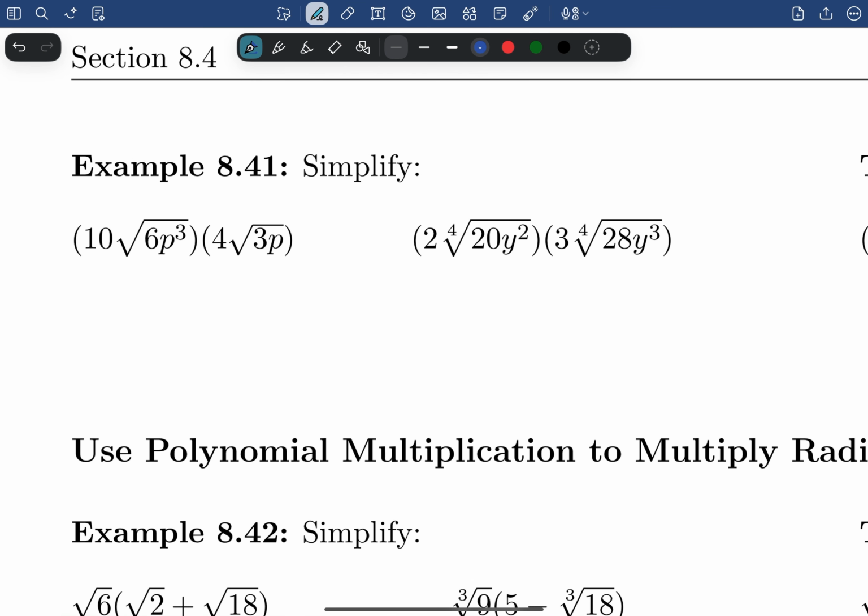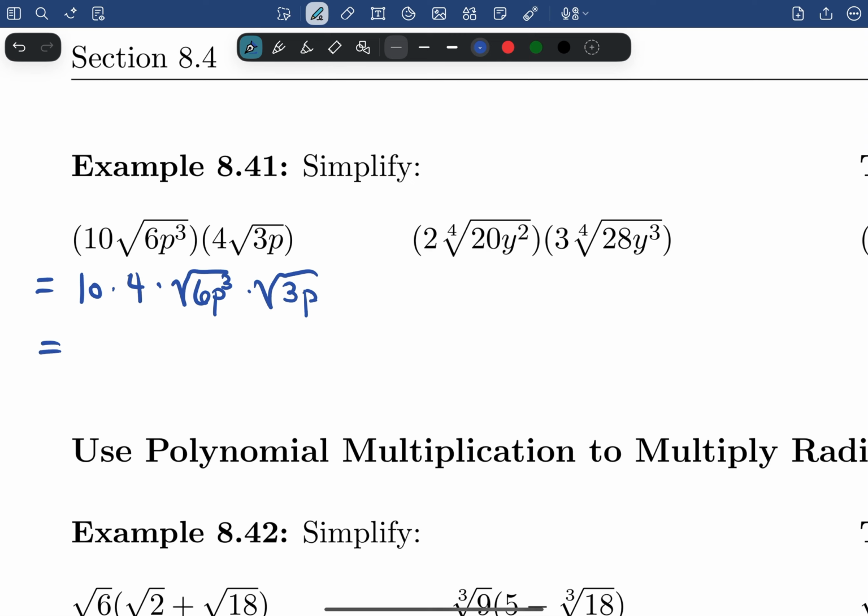And so let's try this process again. We're just getting more and more comfortable with this. And so maybe you decide to reorganize all of your factors, like 10 times 4 times the square root of 6p cubed times the square root of 3p. So I've reorganized everything.